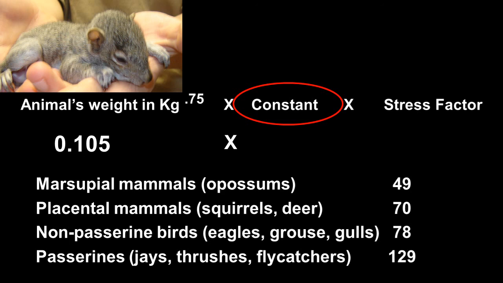In marsupials, the metabolic constant is 49. In placental mammals, it is 70. Your non-passerine birds, which are your birds that are not songbirds, this includes eagles, grouse, gulls, game birds, ducks, it's 78. Passerines, which are your songbirds, jays, thrushes, flycatchers, even crows, are 129.